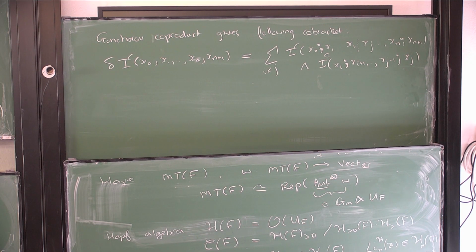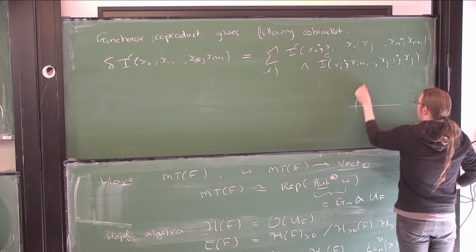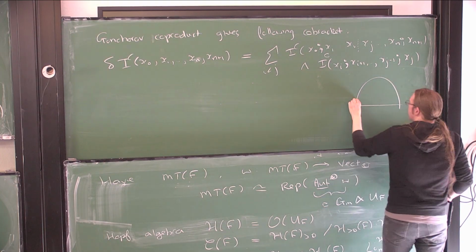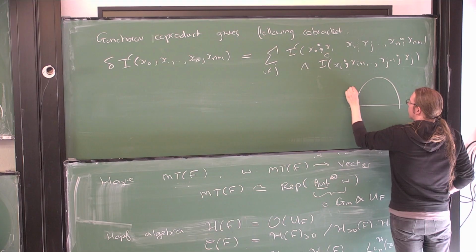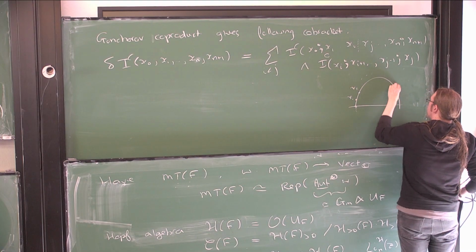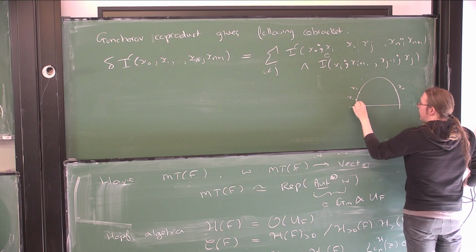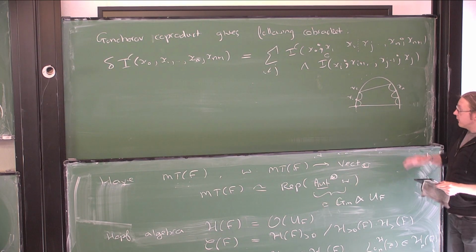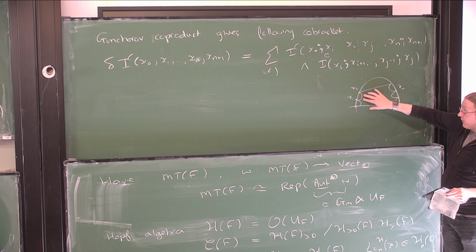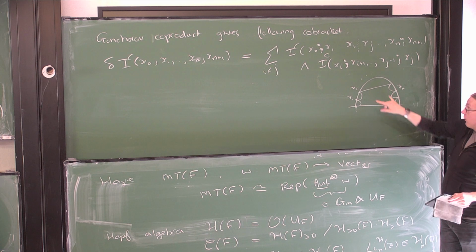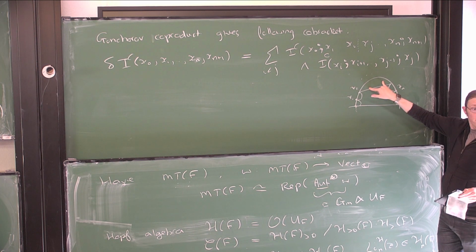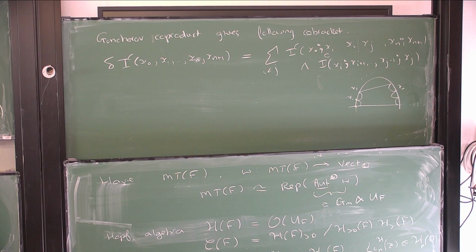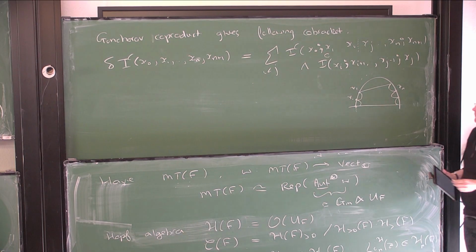You end up taking some piece that looks like that and saying, well, this integral is 1, this integral is 1, that's 1, that's 1, that's 1, and only this is left over on one side. So these are the things that survive from the coproduct into the cobracket.